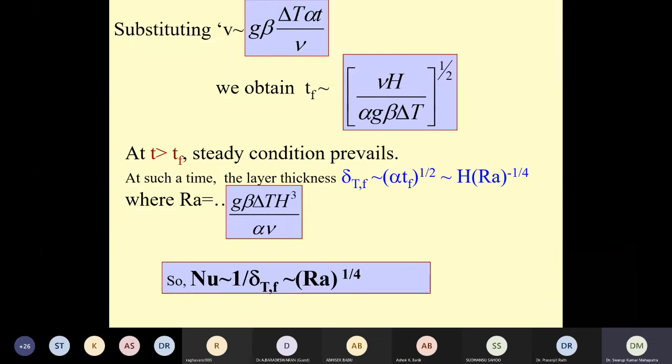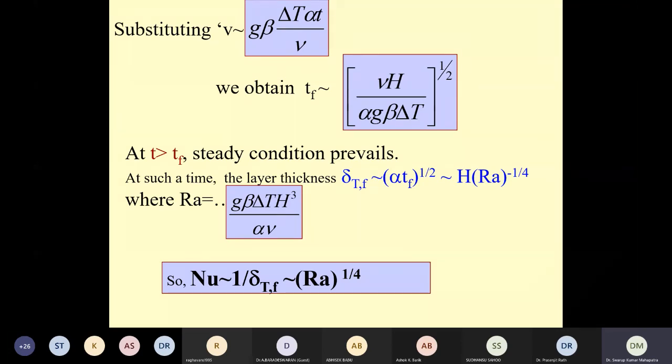This is why I said, just for beginners, that if a phenomenon is taken under consideration, then who are the major players influencing it? Here it is natural convection, so obviously the buoyant force, opposed by the viscous force, are the major players.